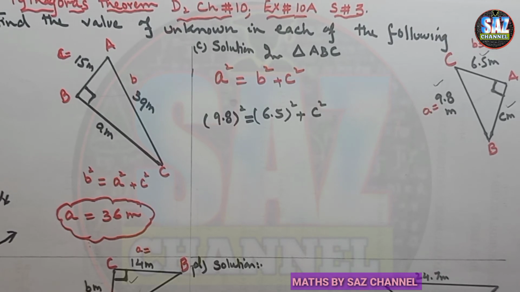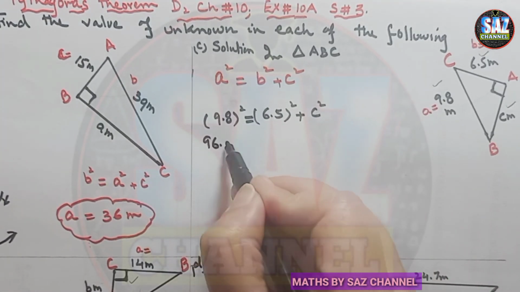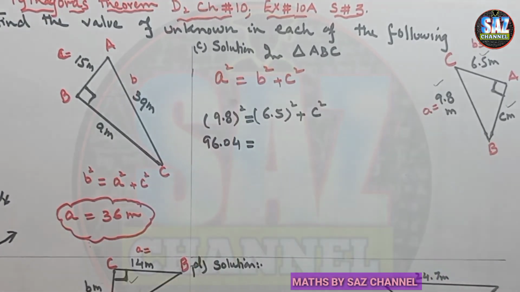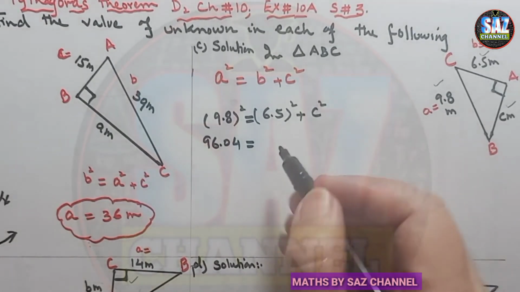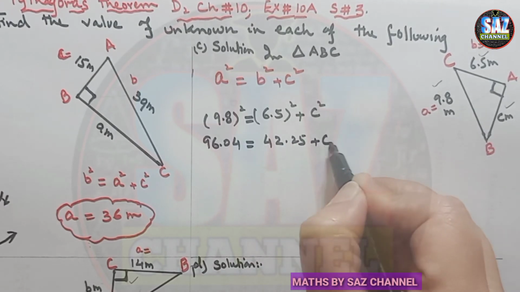9.8 square gives us 96.04. 96.04 equals 6.5 square, that is 42.25, plus c square.